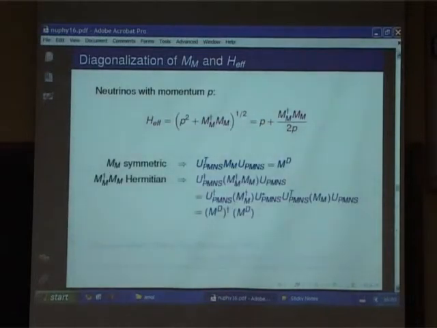Now let's go through these things. The Majorana mass matrix MM is symmetric, this we knew. Therefore, if I do U transpose MM U, that is my diagonal matrix, MD. We have seen this before. M dagger M is Hermitian. So we should see if the same matrix, if I do U dagger and U on M dagger M, what happens?